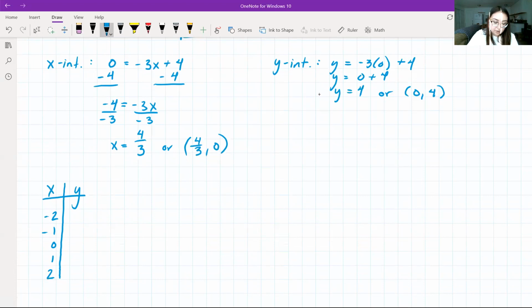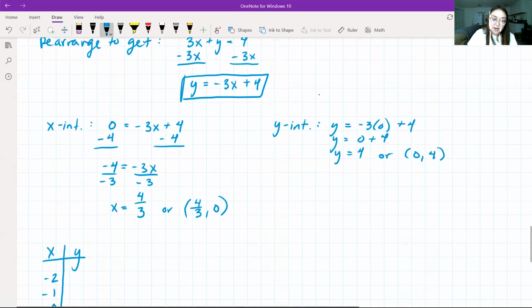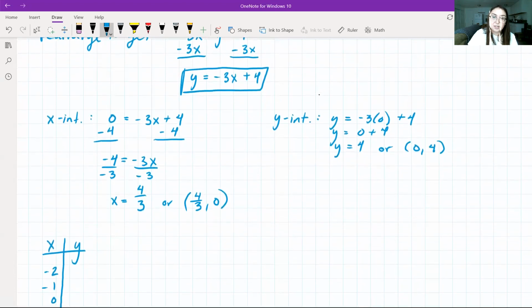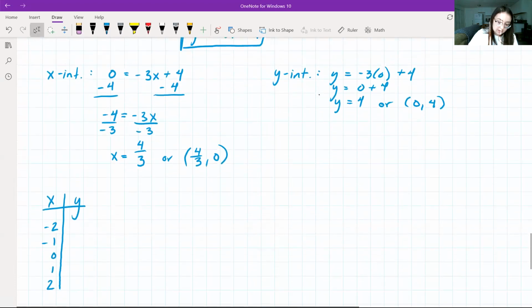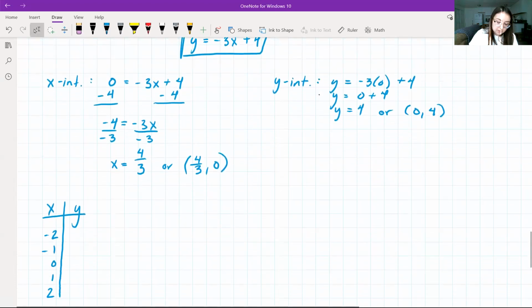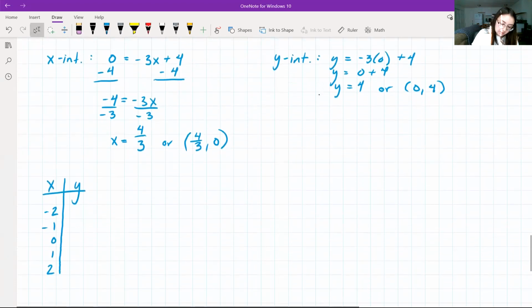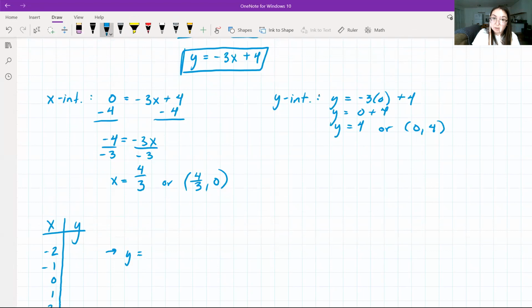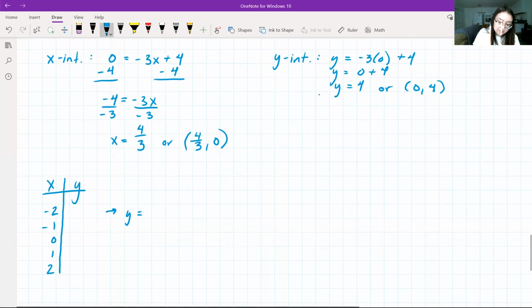So now we want to find our y values by plugging our x values into our equation. So if we want to solve for negative 2, we'll say y is equal to, our equation was negative 3 times x plus 4.